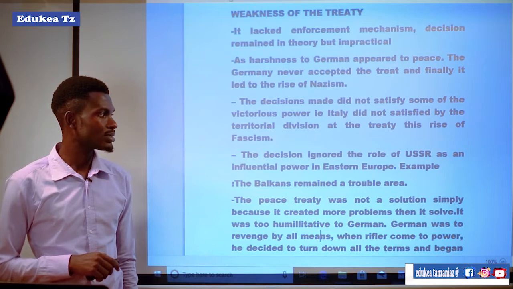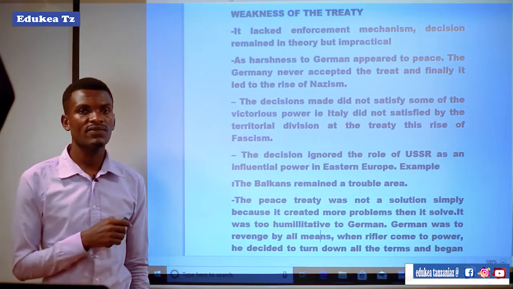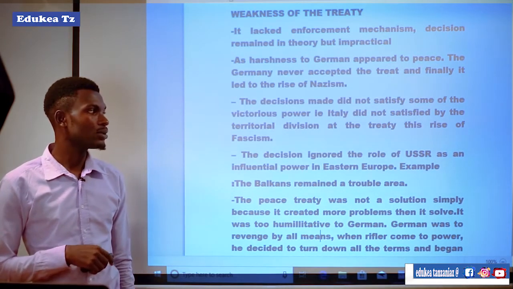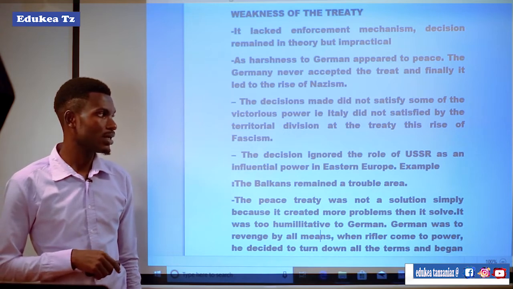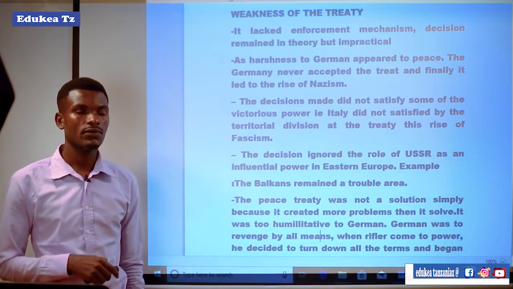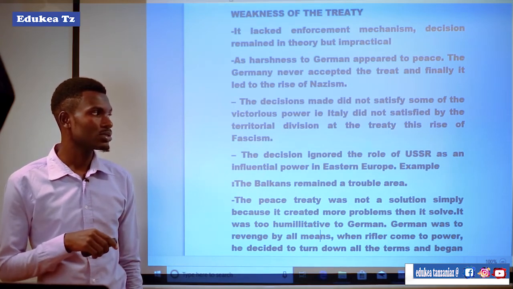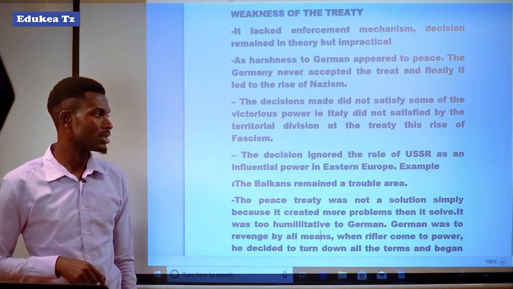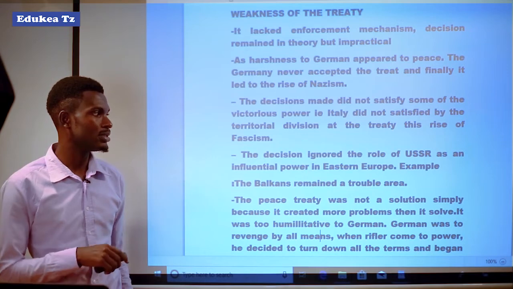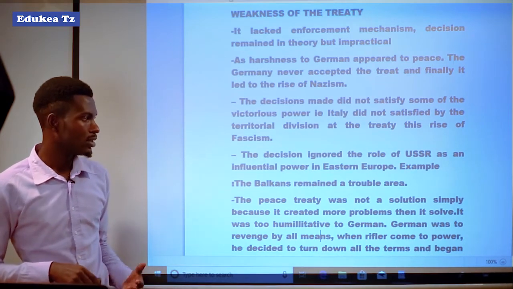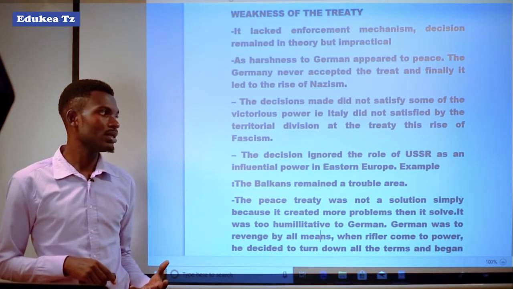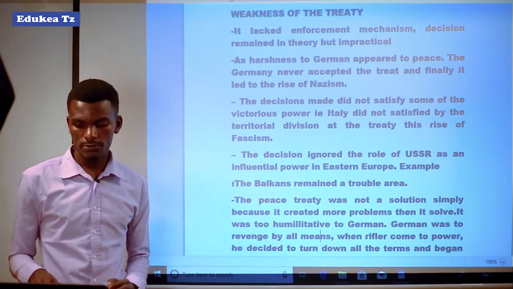So we can see that the decisions made during the Versailles Peace Treaty ignored the role of the USSR, or the Union of Soviet Socialist Republics, as an influential power in Eastern Europe. Example, the Balkan states remained a trouble area.